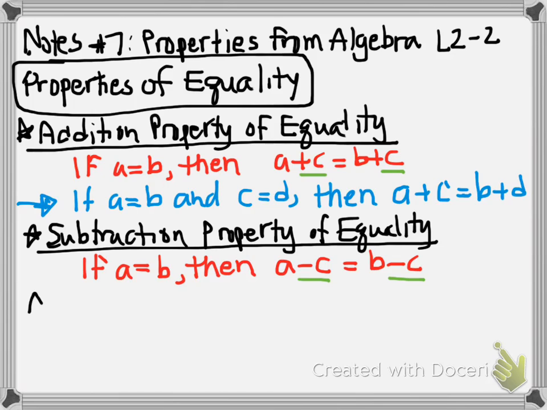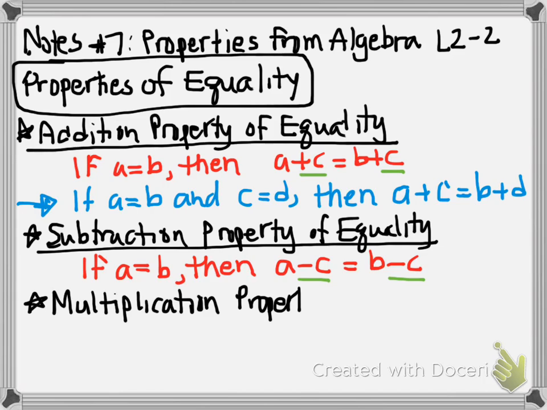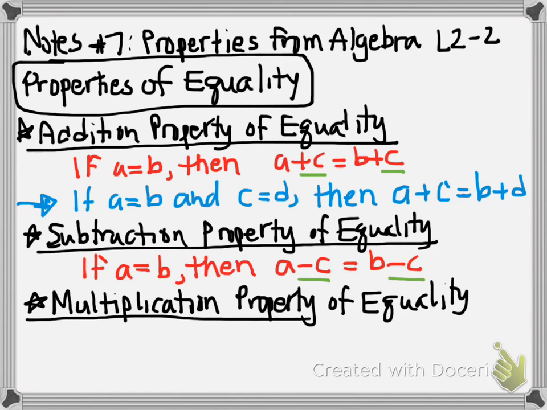Okay, next, we're just going to go through all our operations here. Multiplication property of equality. So far, this is now our third theorem card we're making, because properties can be used in proofs as well.